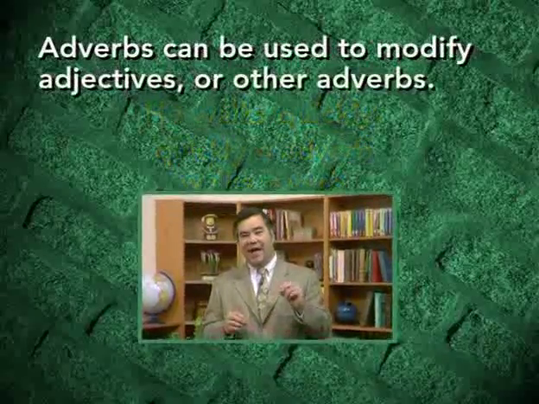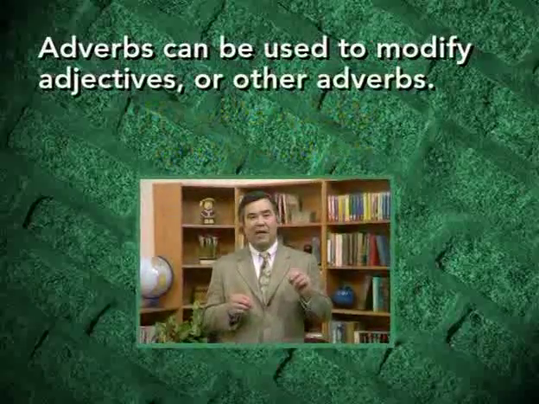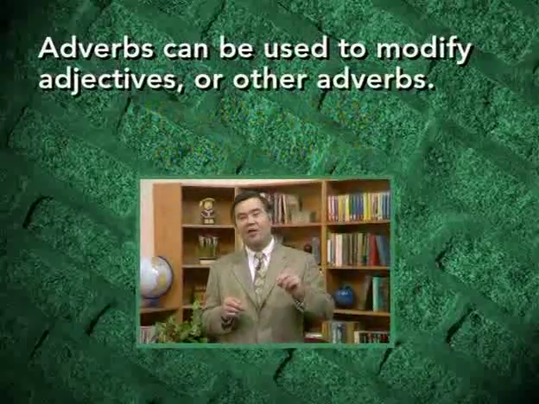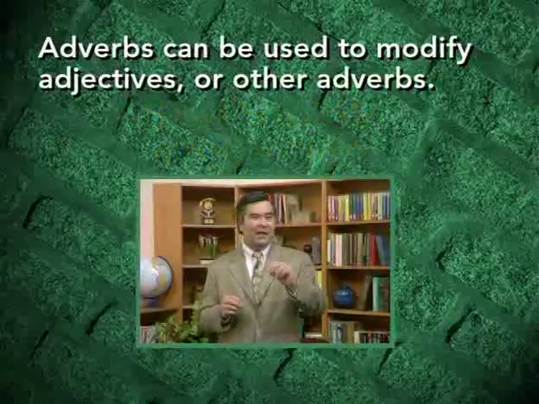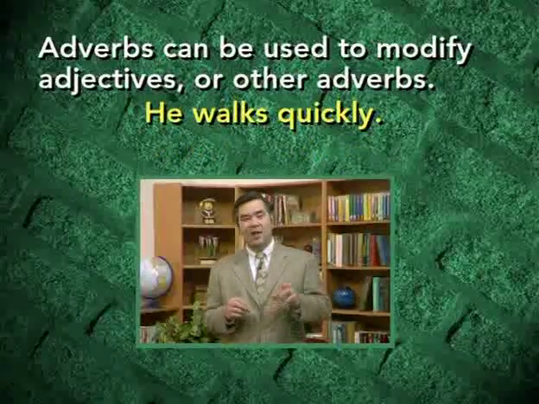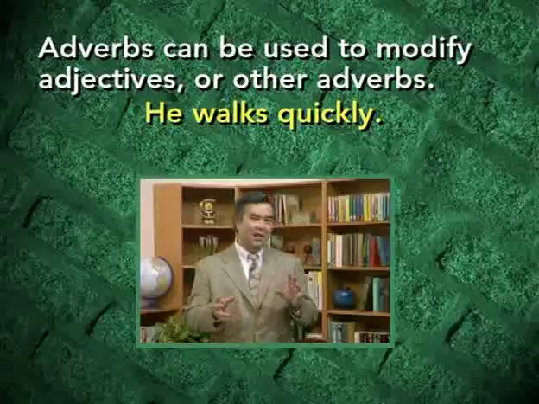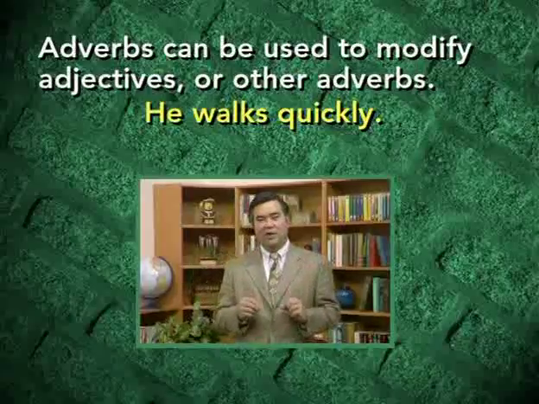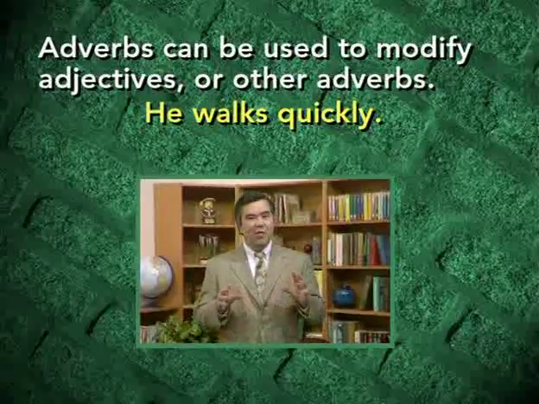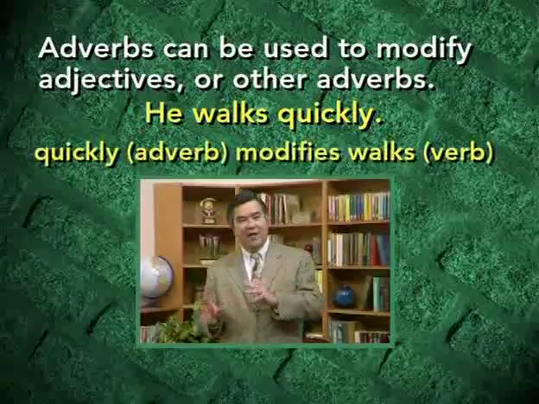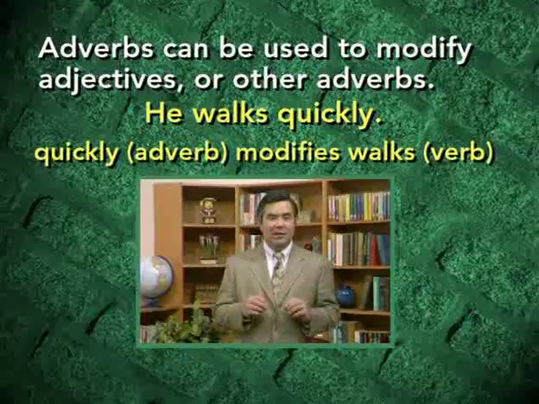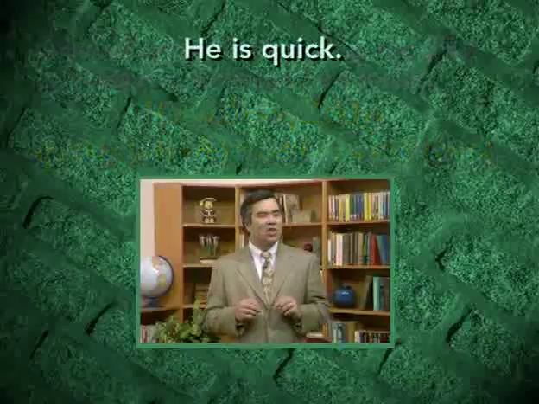Notice how adverbs can also be used to modify adjectives or even other adverbs. Compare the sentence we just said, he walks quickly, with the following other sentences to see how these combinations of words can work together. He walks quickly. Quickly is an adverb modifying the verb walks. Now let's say he is quick.